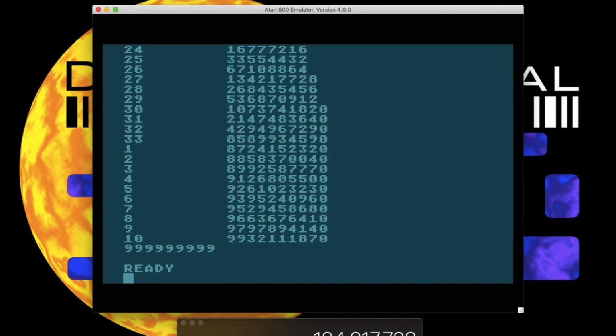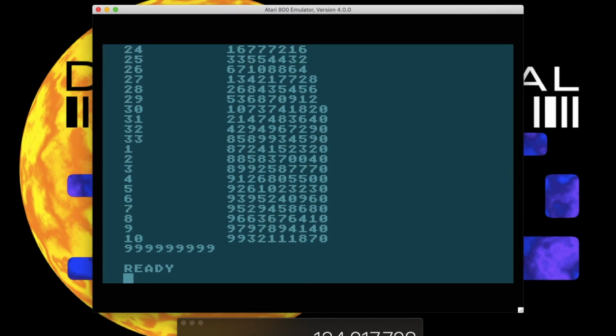So, next step. We're going to do calculus in Atari BASIC to calculate pi. And we're not going to use the square root function because it's going to screw with our integer formulation of pi.